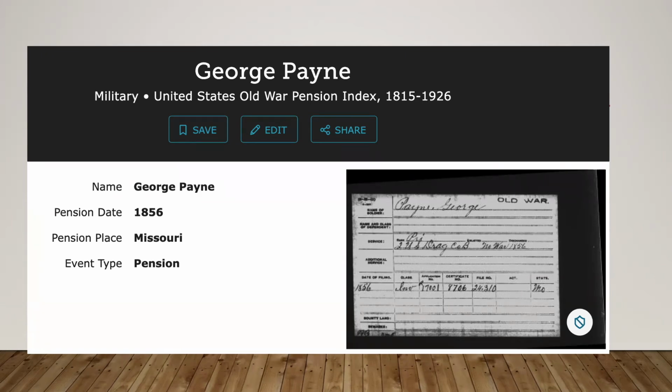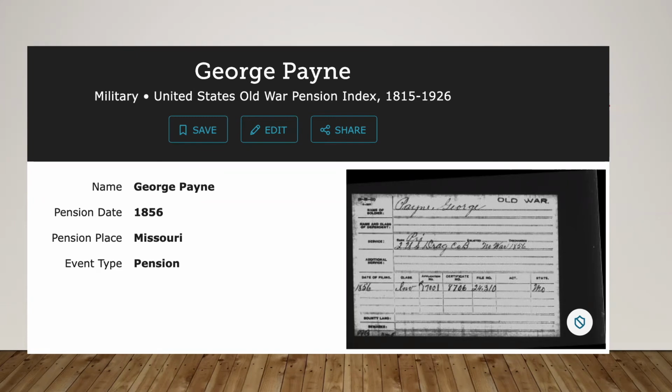And then when I look at this card, I see that George Payne is a private in the 2nd U.S. Dragoons, Company B. And that matches what was on the Register of Enlistments. So this is the Old War Pension Index card for the George Payne that we care about.